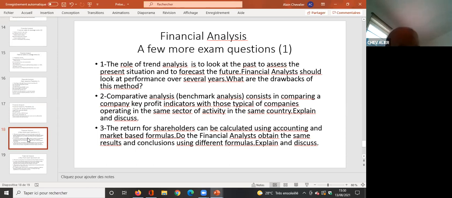Do you think that the data of 2018, 17, 19 will be the best data to forecast cash flow, the sales, and so on, for 2022-23?